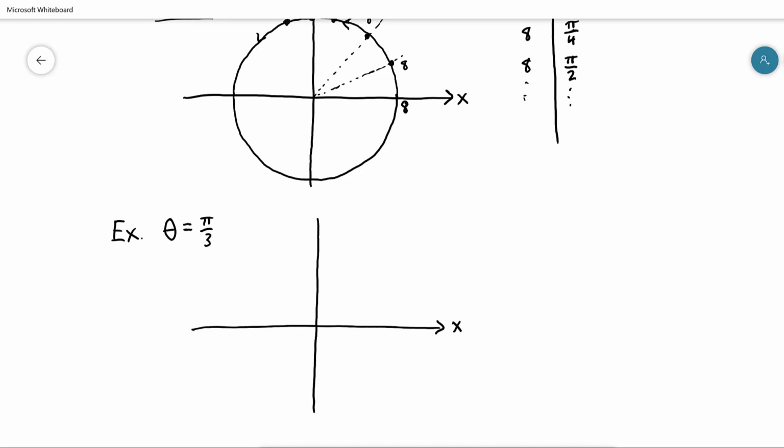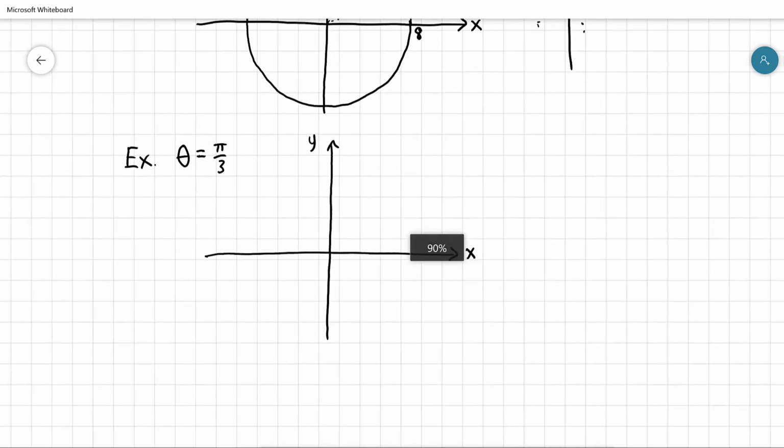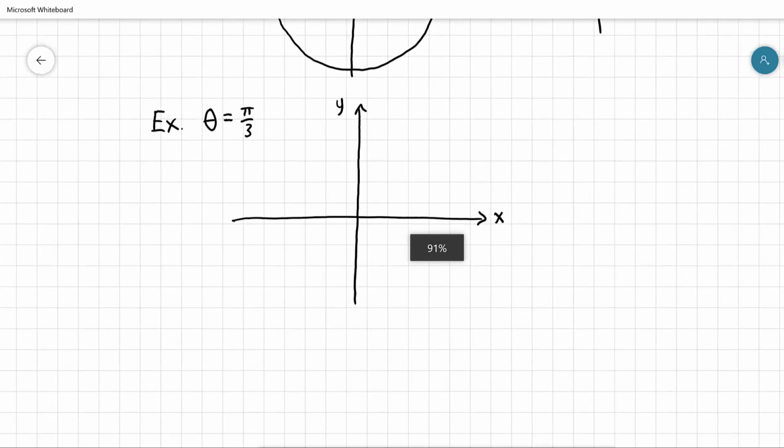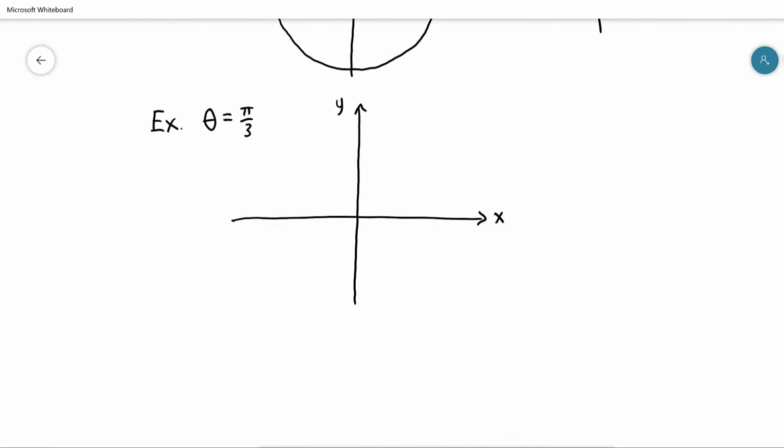We've got my x and my y. Basically we're saying that angle right there, that we should recognize as being about pi over 3. And r can be anything. So r could be 0, r could be maybe, if this is a distance of 1, r could be 2, r could be any value in between.